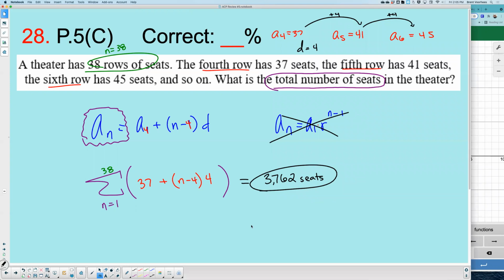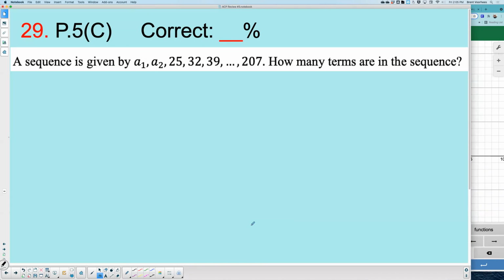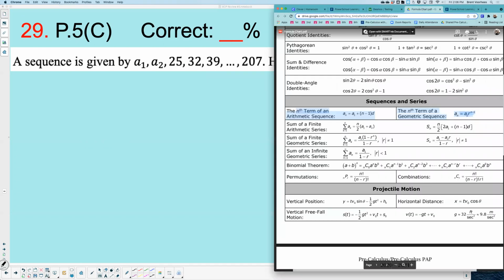All right, let's take a look at number 29. A sequence is given by A1, A2, 25, 32, 39, and so on, all the way up to 207. It asks how many terms are in this sequence. Anytime you know it's a sequence or series, I'd recommend you go to the formula chart.